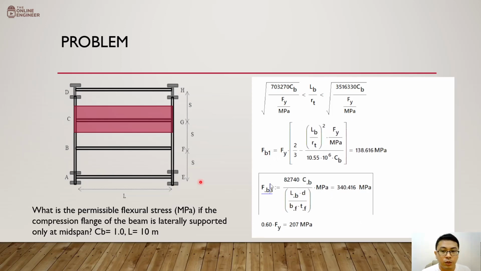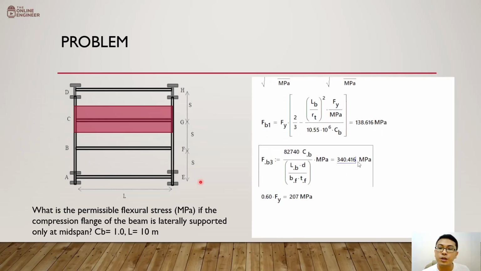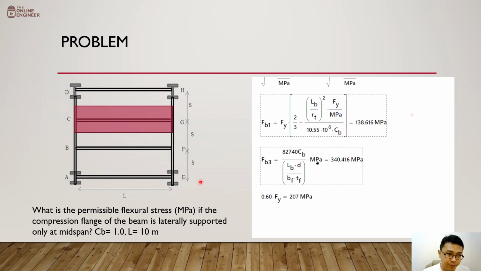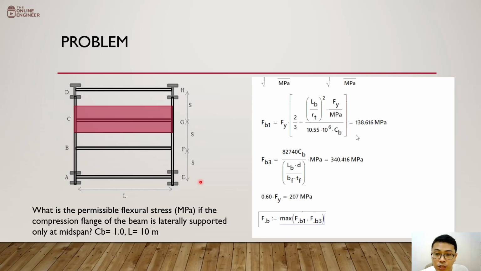How are we going to interpret? How are we going to choose? So the instruction according to the code is that we get the larger of these two. So actually for FB, first we get the larger of FB1 and FB3, but it should not exceed 0.6 FY.